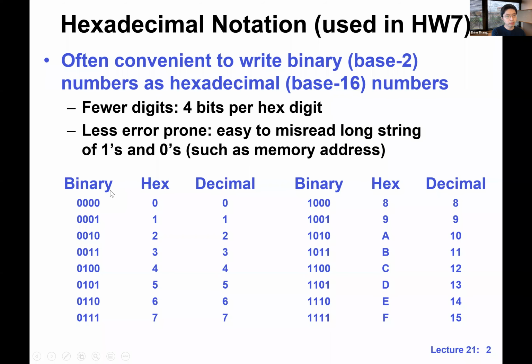Over here, we are seeing the mapping between hex, binary, and decimal. From 0 to 9, the hex number is no different from the decimal number. But from 10 to 15, we are using A, B, C, D, E, F, the uppercase letters. As simple as this.